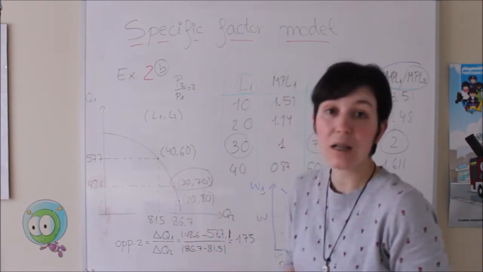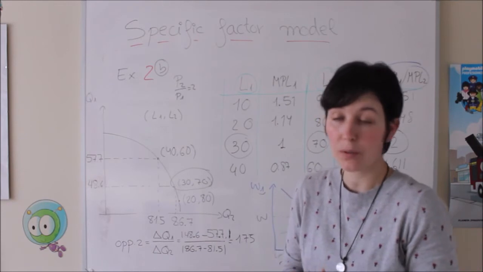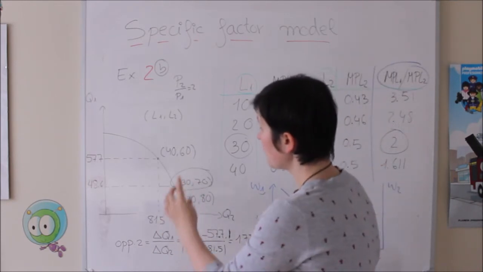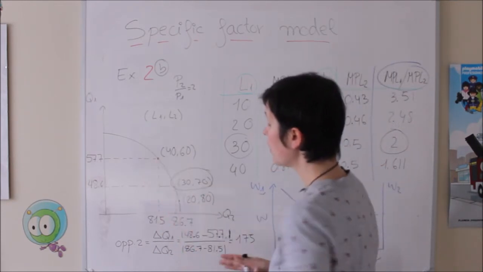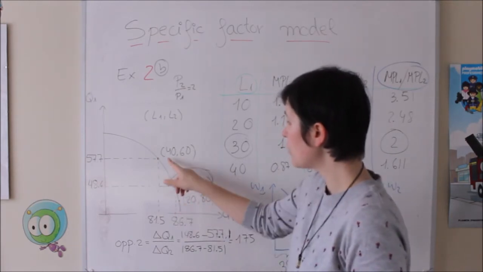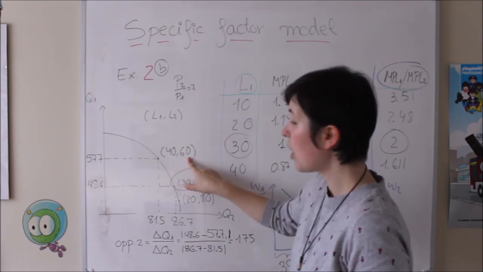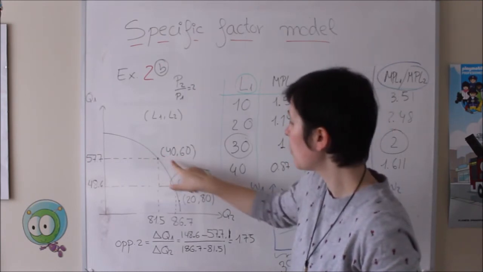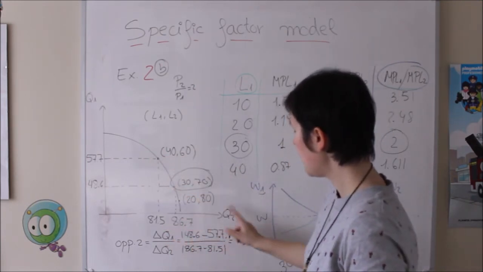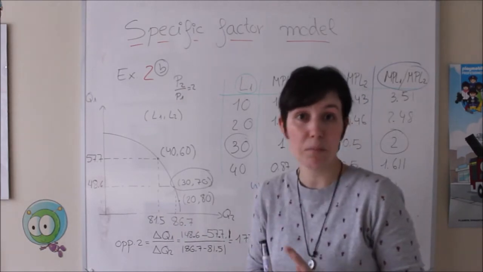So for doing that, you can use two options here. One of them is considering the previous points, when the labor that you are using in output 1 is 40 units and in output 2 is 60 units, so this is when you are increasing the output of good 2. That is probably the best way.